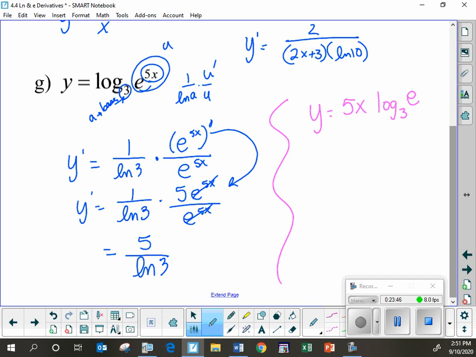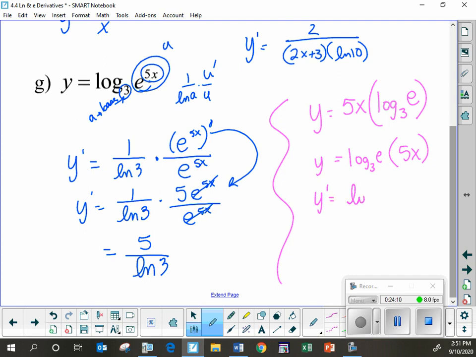And log base 3 of e is a number. So really, that is like a coefficient times my 5x, which makes a nice, easy derivative.